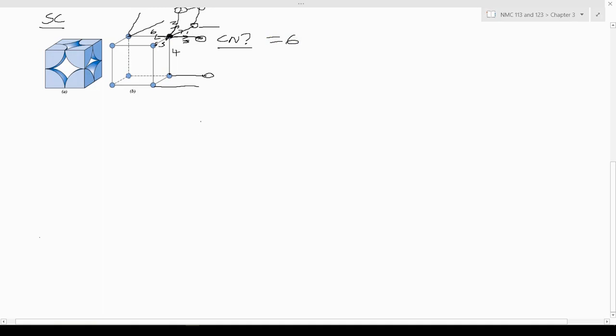And then the next thing we do is determine the effective number of atoms. This is the first thing that we did, and the second thing is to get the effective number of atoms.